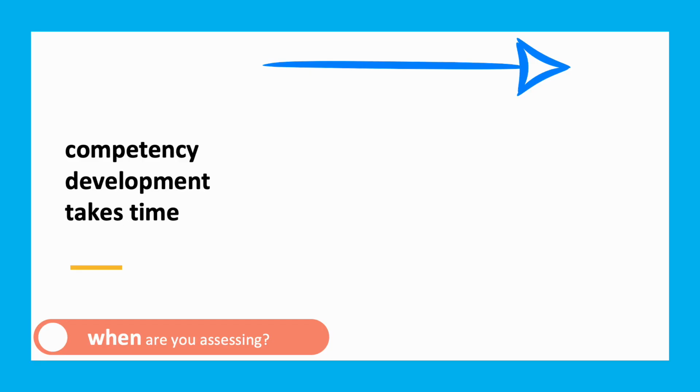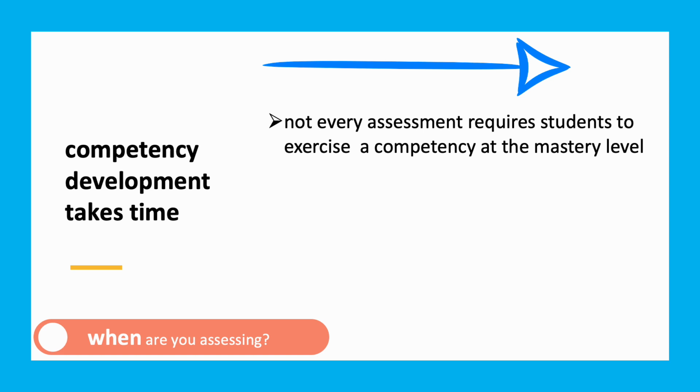Competency development takes time. Either it takes 45 hours or 200 hours. So not every assessment requires students to exercise a competency at the entry level to the occupation or for the pursuit of university studies as defined by the performance criteria.